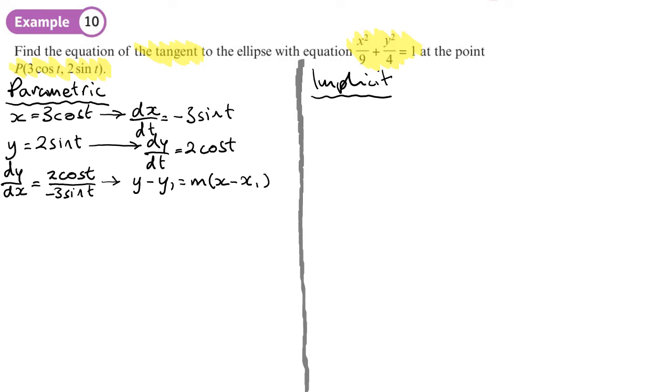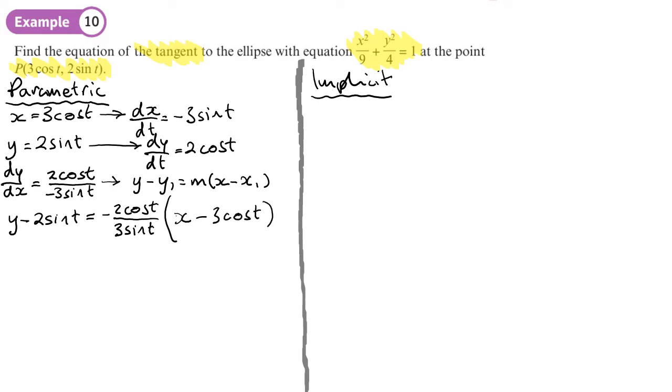So that's going to be y minus y1, so 2 sine t, equals m, so that is minus 2 cos t over 3 sine t, times x minus x1, so that's x minus 3 cos t.